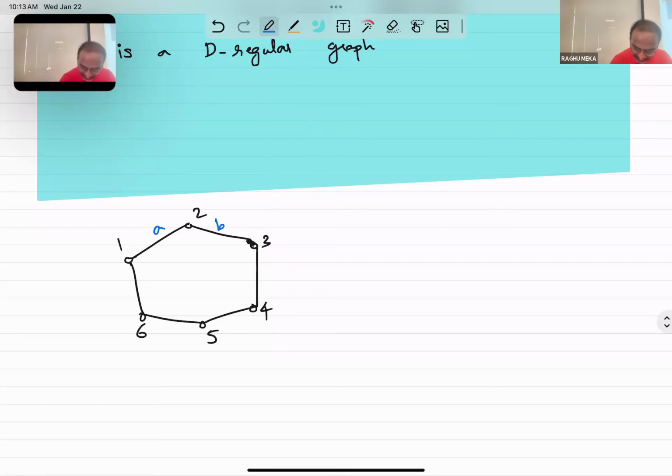I call this A, B, A, B, A, B. So it's a labeling of the edges so that for every vertex, all of the outgoing edges are distinct. I don't want any ambiguity. If I say take edge number A out of vertex 1, you know what it is. There are no two things which have the same label. Because I'm going to say take edge number A out of vertex 1, and then take edge number B out of wherever you land and so on, right? So we don't want any ambiguity.